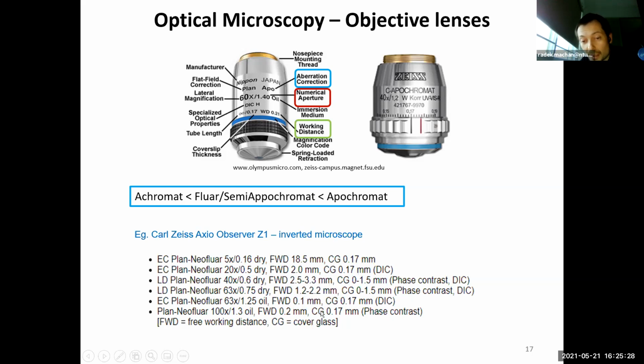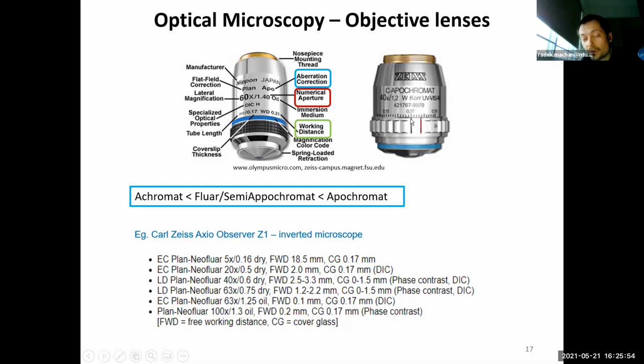And CG is the thickness of glass which is meant to separate the sample and the objective. Some objectives have a correction ring, which you can turn, and there's a scale.